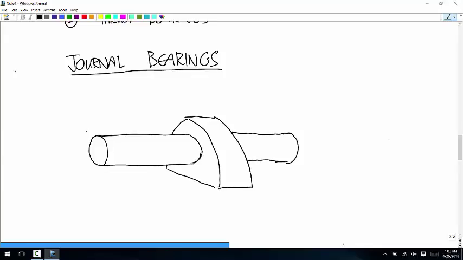So you have this shaft that is rotating in a hole in this bearing. And so it goes through the middle like this. And as it rotates, this part of the shaft is in contact with the bearing.